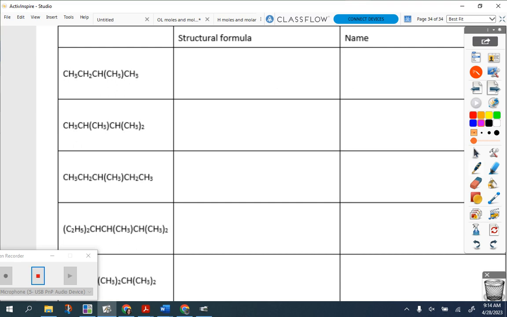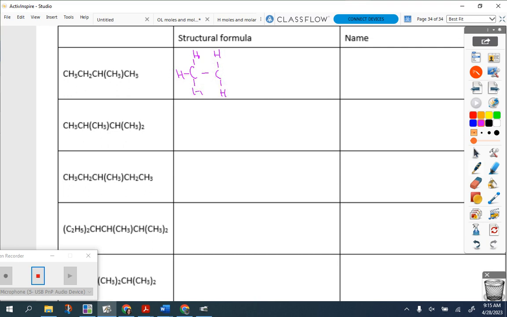So if we go then into your packet, into number 2, this is where we can start going between the condensed structural formula, the structural formula, and the name. Some of the questions are going to ask you to go from condensed structural formula to structural formula. Sometimes it's going to go the other way around. So let's look at this first condensed structural formula. We've got CH3, CH2.